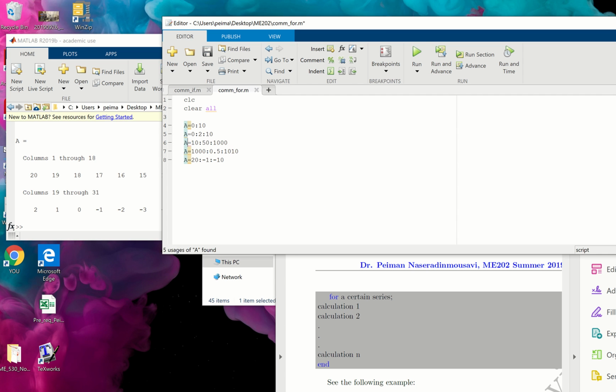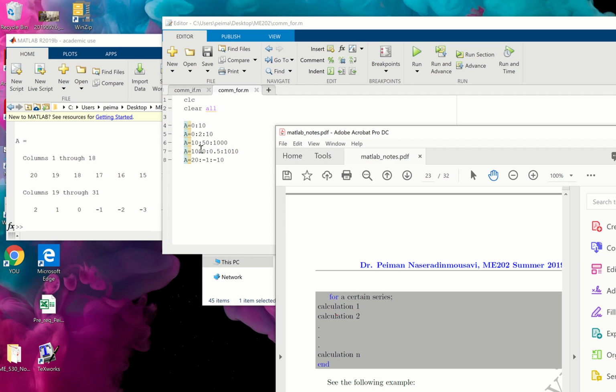Then it repeats this operation, calculation 1, calculation 2, for each value of the series that you generated. How to do that, I'm going to teach you in the next class.